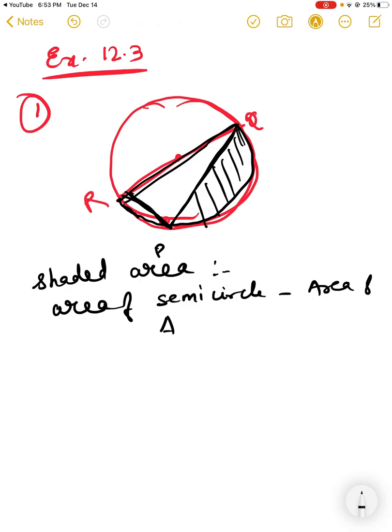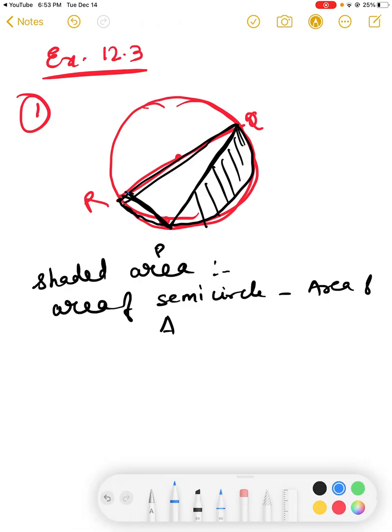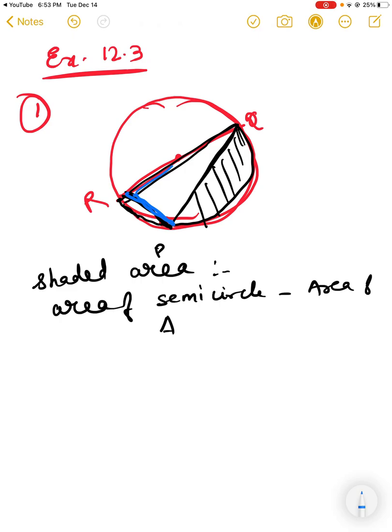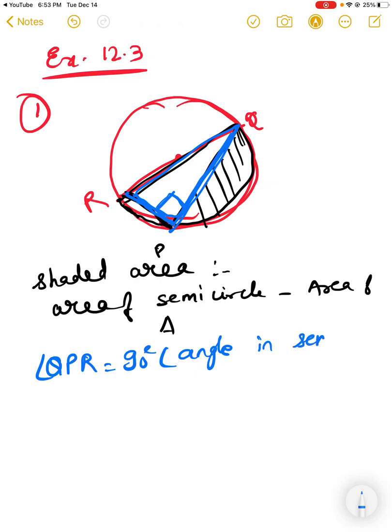Now if you take this triangle here, this is P. If you take this angle QPR, angle QPR is 90 degrees because an angle inscribed in a semicircle. Angle in a semicircle will always be 90 degrees.